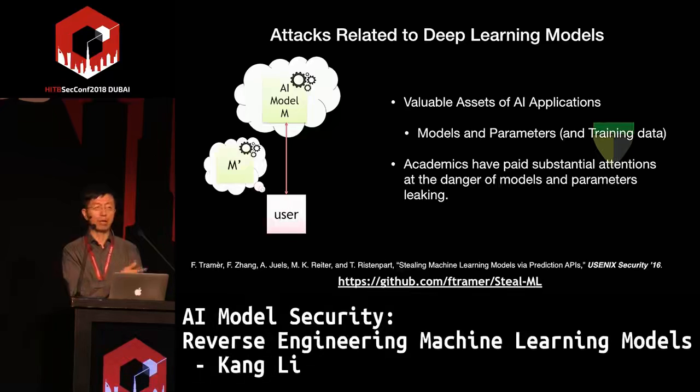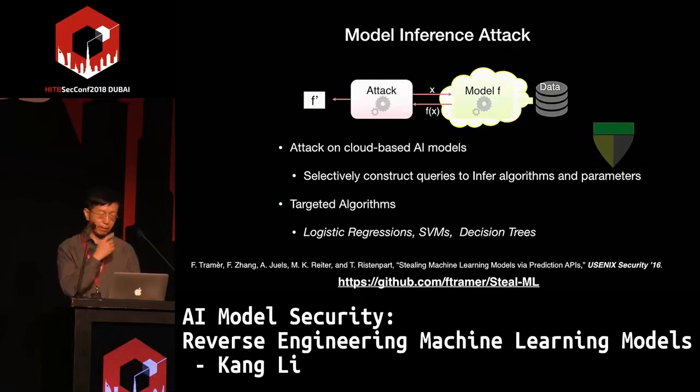So there's a URL put up there, there's a paper and a GitHub project called StealML. What they did is consider that if there's a model there, you can query it, and they consider it as an input and output function, and they try to see if they can infer through some correlation.